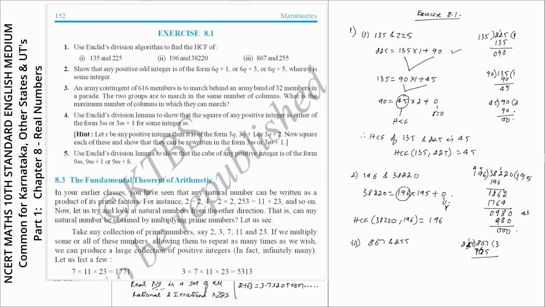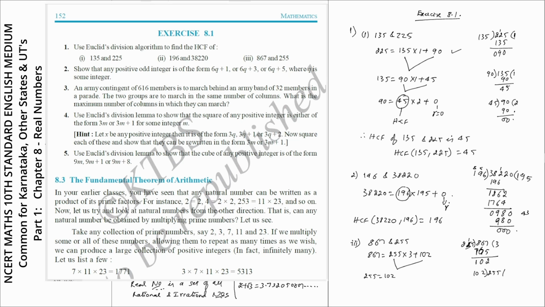So if I subtract, 7 minus 5 is 2, 6 minus 6 is 0, then 1. So 867 is equal to 255 into 3 plus 102. Now I'll consider these two. Now I'll divide 255 by 102.